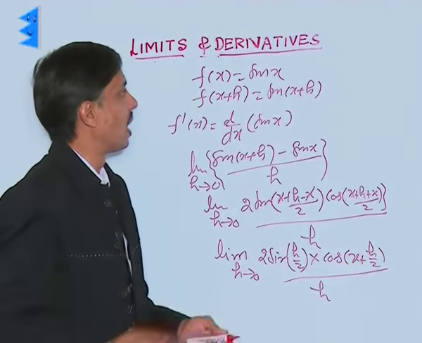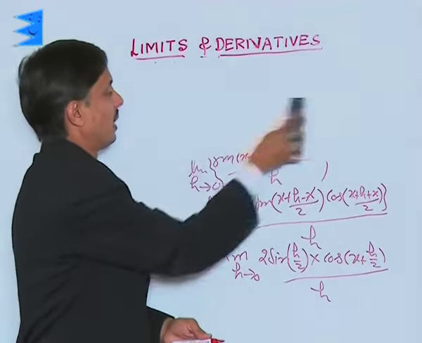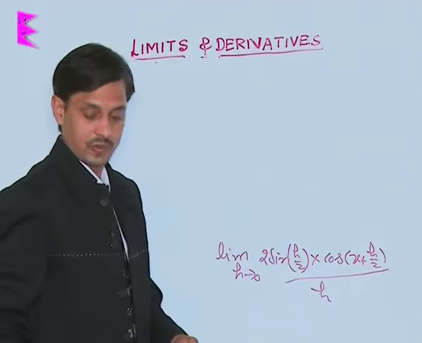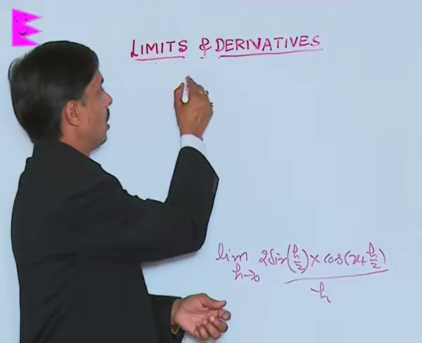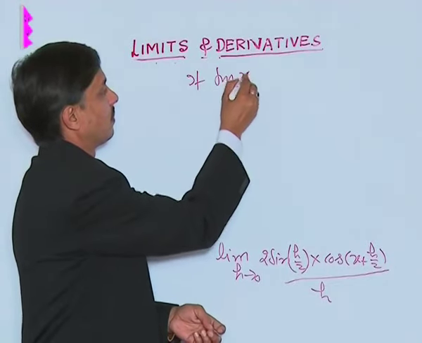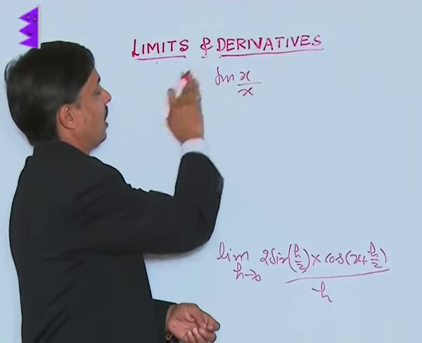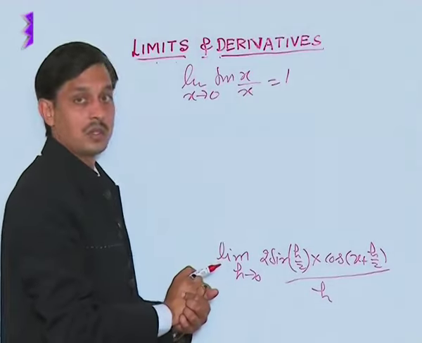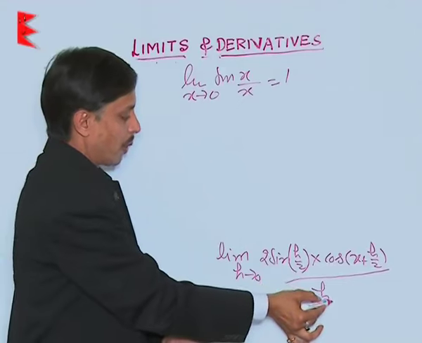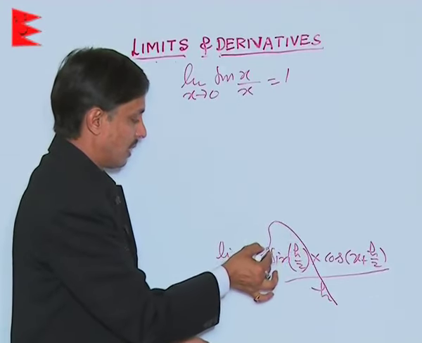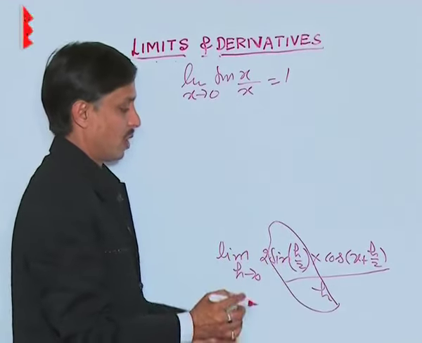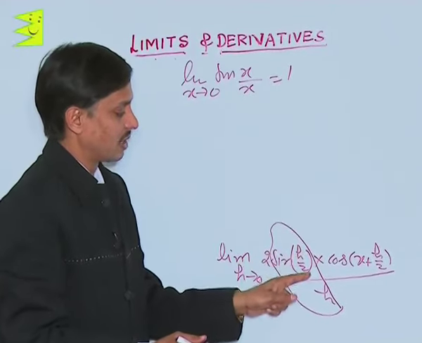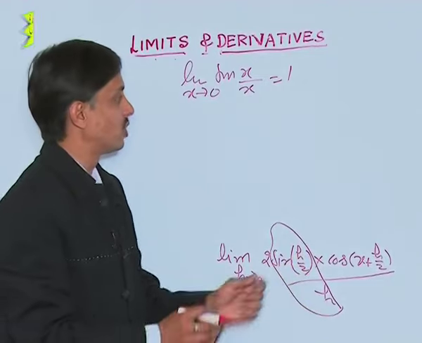If we recall now, what about limit x tending to 0 of sin x upon x? We know that sin x upon x, under the condition limit x tending to 0, its answer is 1. So if I apply this formula here, as the angle is h/2, the denominator must be h/2.